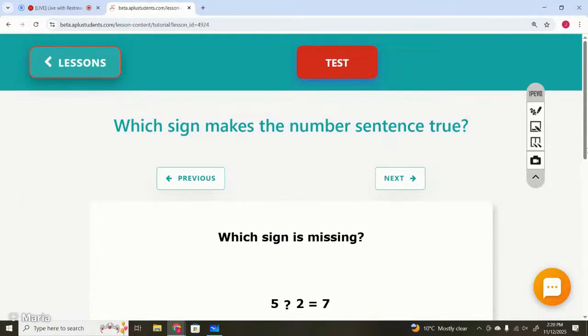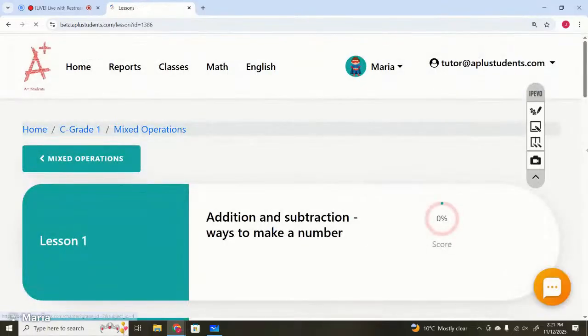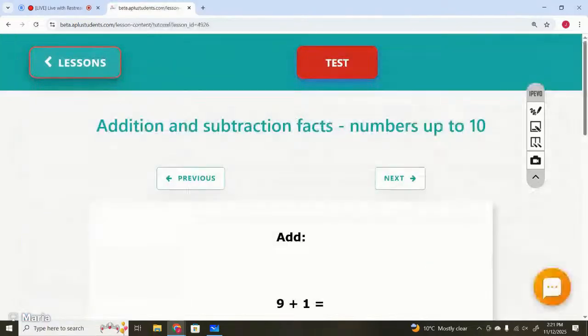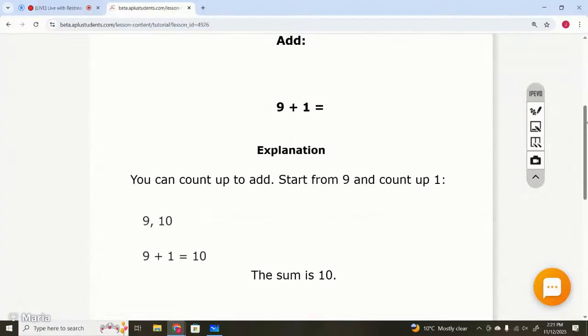So the next lesson is addition of numbers up to 10. Add 9 plus 1.